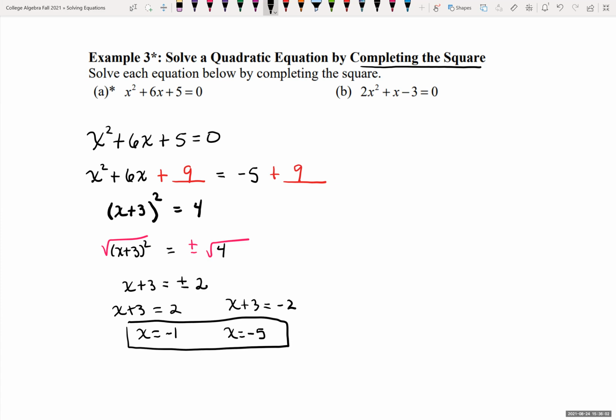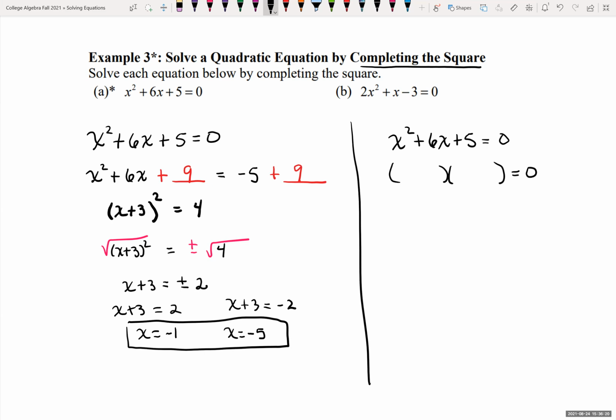So notice here, we could have solved this equation totally differently and it would have been so much faster if you would have looked at x squared plus 6x plus 5. This is factorable. So the two numbers that multiply to positive 5 and add to positive 6, that's 5 and 1. So the factors are going to be x plus 1, x plus 5 equals 0.